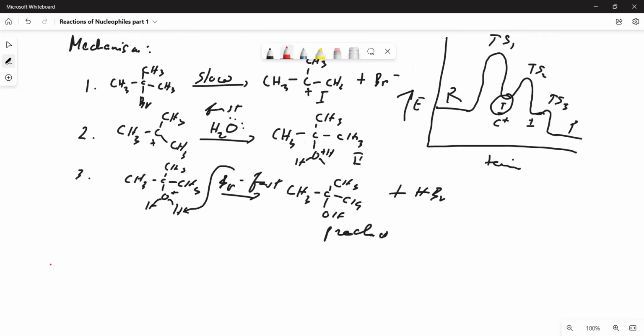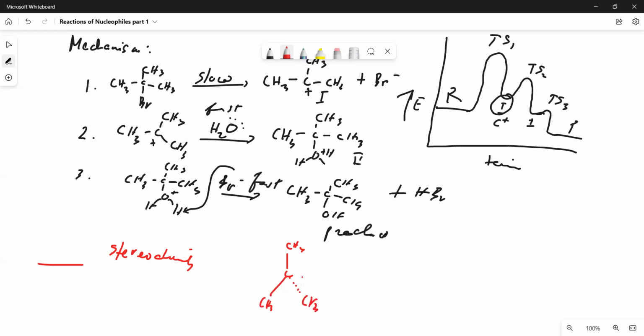Now we said in SN2, if you look at the carbonium, if we let it stand, you have the CH3 here, you have the CH3 here, trigonal planar, right?